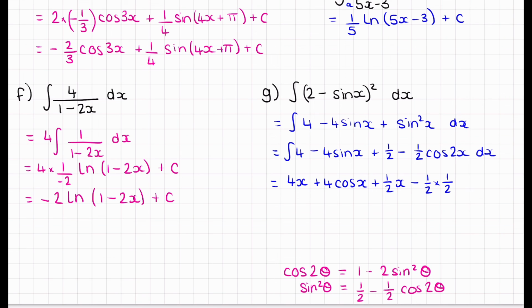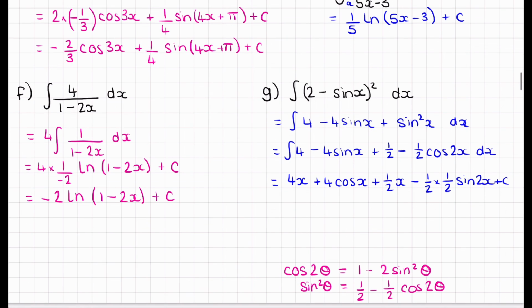Integral of cos is just sine, so we'll have sine 2x plus c, and then we can simplify this. We've got 4x plus a half x, which will give us 4.5, so 9 on 2 x, then plus 4 cos x minus a half times a half, which is a quarter, sine 2x plus c. And that is the end of this video.